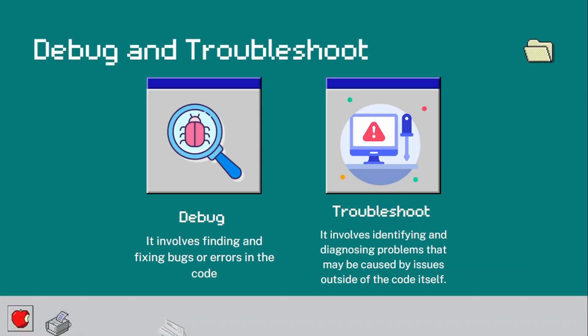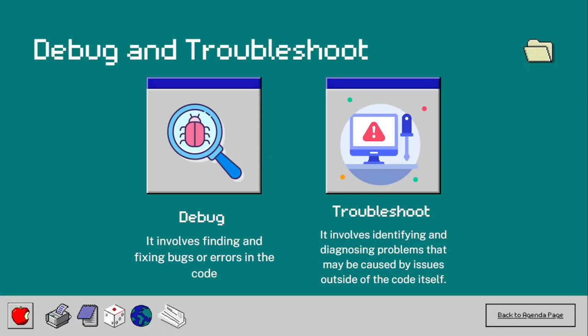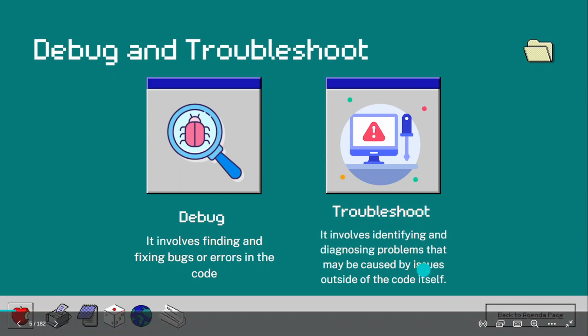Next, let us differentiate between debugging and troubleshooting. To debug something involves finding and fixing bugs, hence the word debug. So bugs or errors in the code, while troubleshooting involves identifying and diagnosing problems that may be caused by issues outside of the code itself.